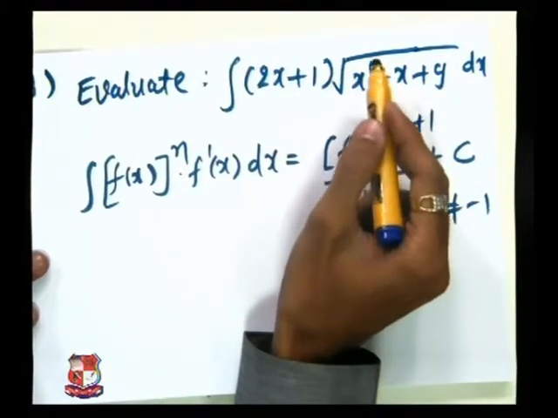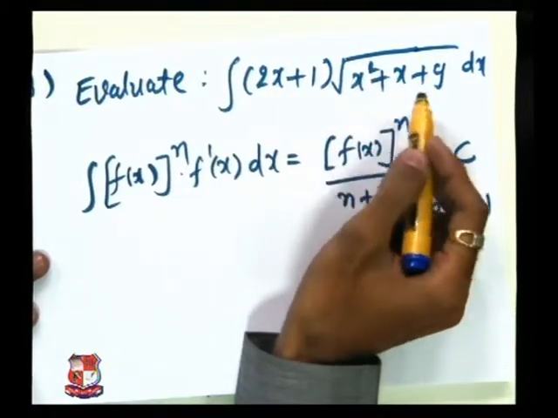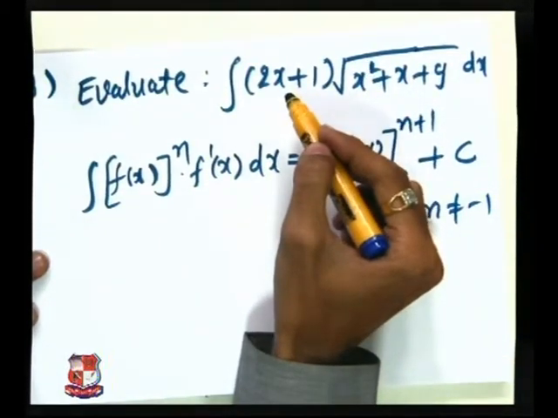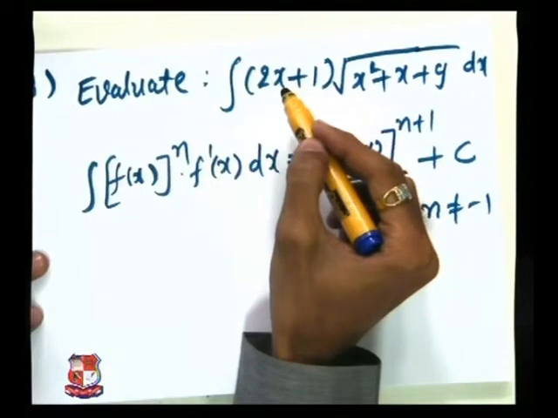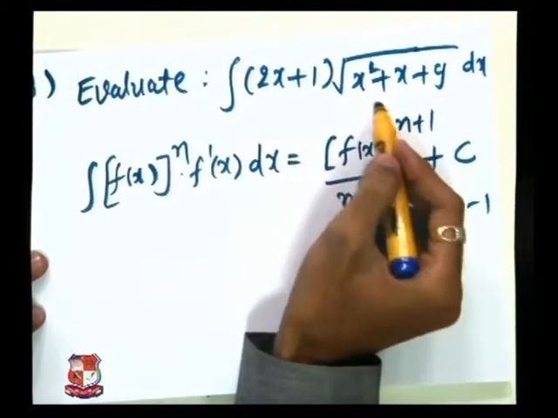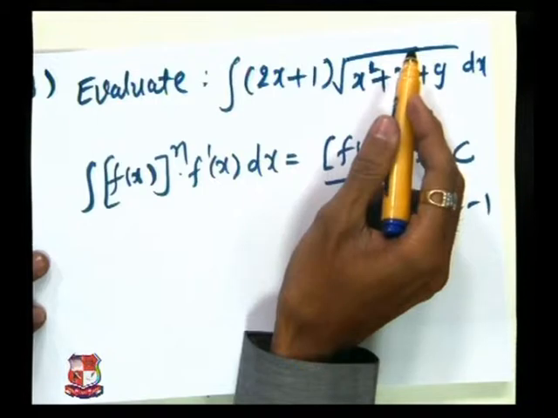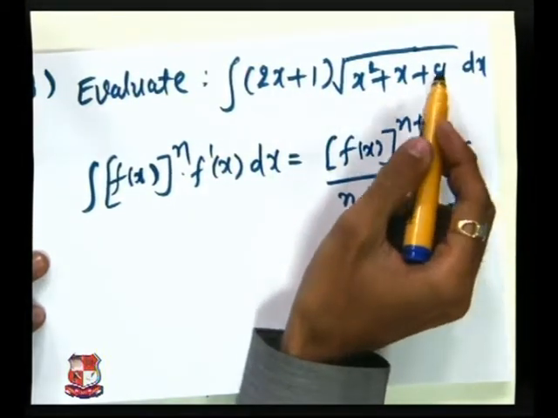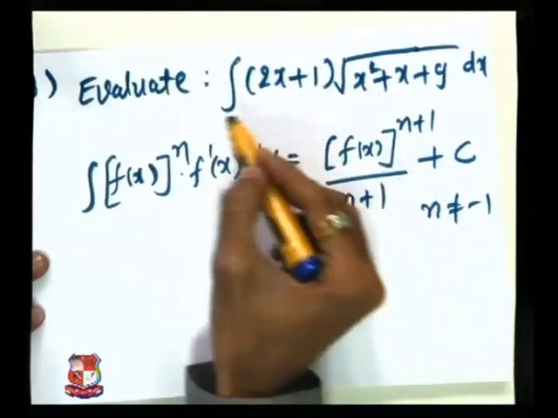That means if we put f(x) equal to this one, then we will get f dash x equal to this one. Then this is an example like f(x) raised to n into f dash x into dx. So we can solve this example using this formula.